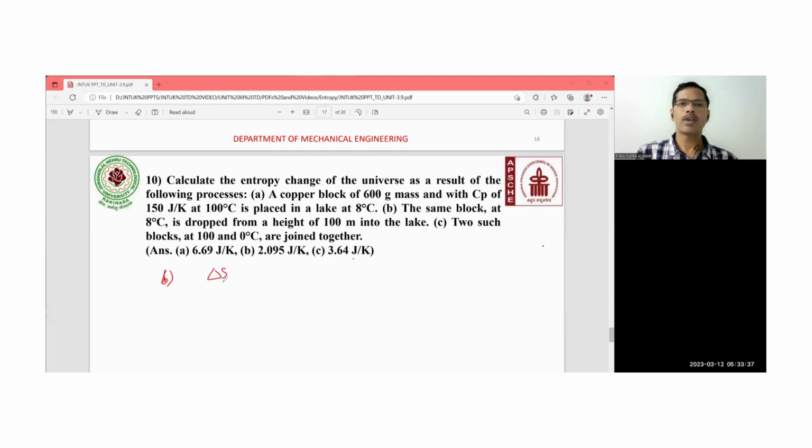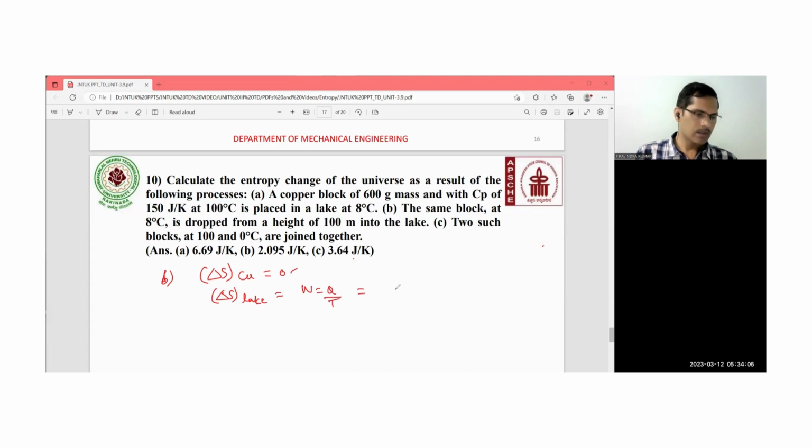the change in entropy of the copper is equal to 0. Then the change in entropy of the lake is equal to W, that is nothing but Q by T. So what is that particular Q value here?